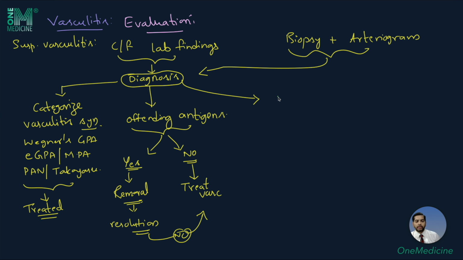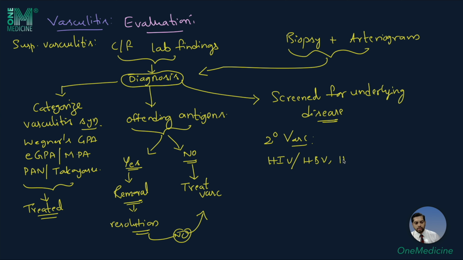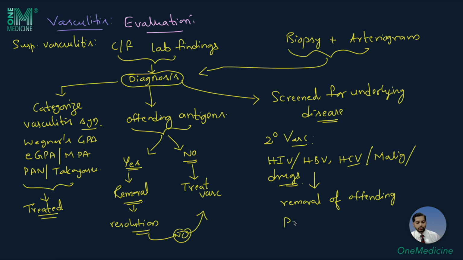In parallel, again, the patient needs to be screened for underlying disease, which basically establishes a secondary vasculitis diagnosis. In such patients, HIV or hepatitis B or hepatitis C virus, malignancies or drugs need to be ruled out, and these patients can be treated with removal of the offending pathogenic molecule or treating the infection.